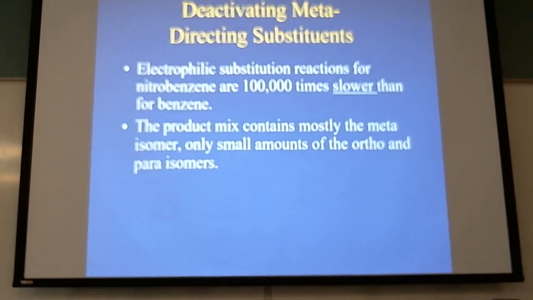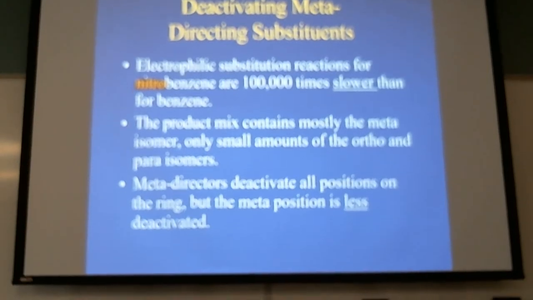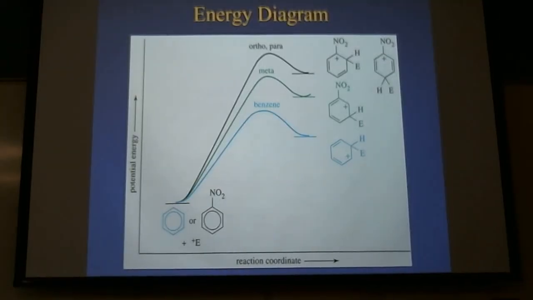And then deactivators, something like having a nitro group will make this benzene react 100,000 times slower than plain benzene. And that's because you're deactivating certain positions more.